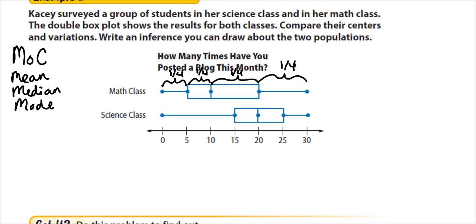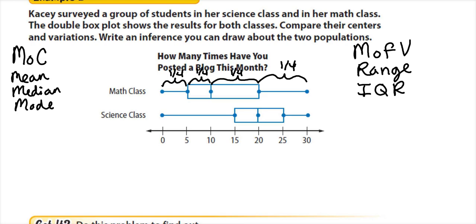And then let's go over here and talk about the measures of variability. The measures of variability are you have range, you have interquartile range, which is IQR, or you can talk about if it's symmetrical or not.